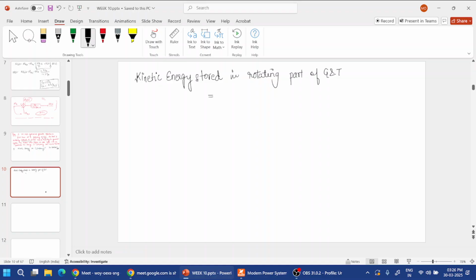It is equal to H, 5, multiplied by the kVA, 100 into 1000. So it comes out to be 5 into 10 raised to the power 5 kilowatt second.